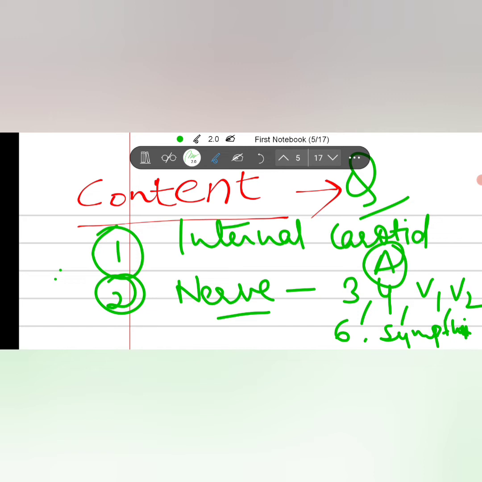How to remember the nerves? 3, 4, oculomotor, trochlear, V1 division, that is the ophthalmic nerve, and 6.